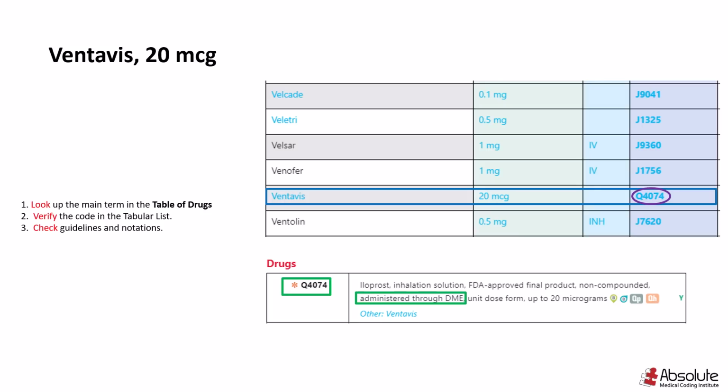And beneath that, you can see the other name for iloprost would be Ventavis. Okay, so Q4074 is your correct answer. You all did a fabulous job so far, coders. Great coding, and I think it's time for me to hand over to Miss J.